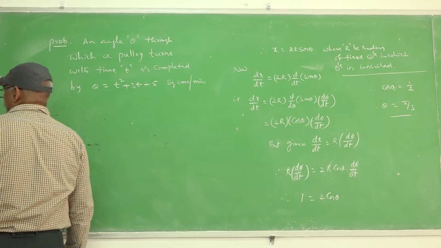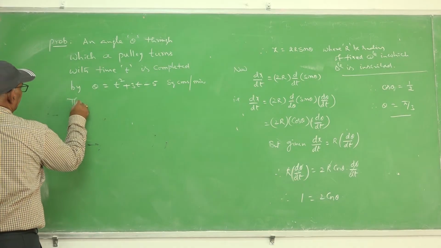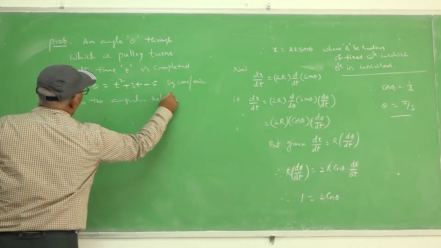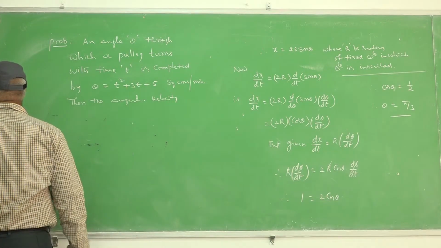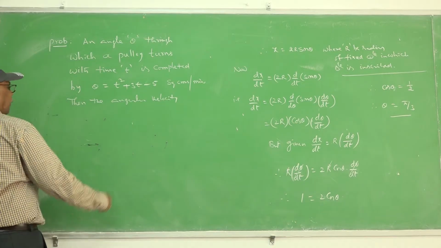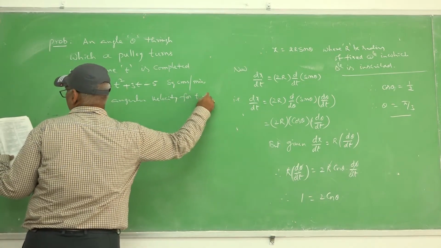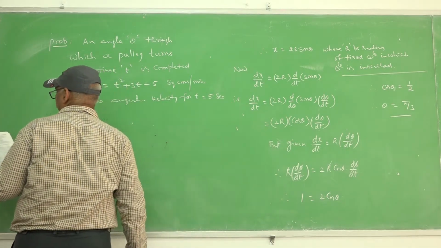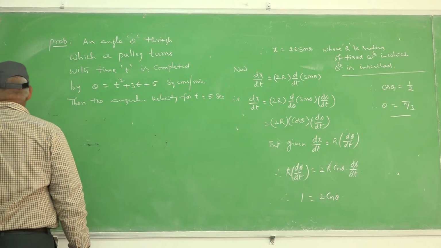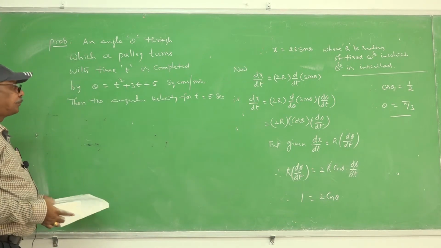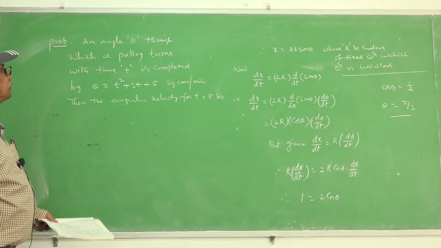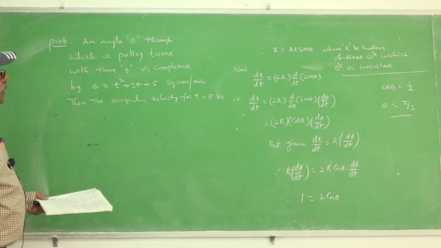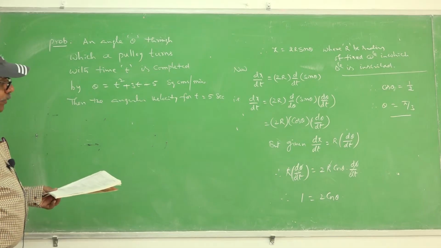Then the angular velocity for t equal to 5 seconds. As theta follows a relation t square plus 3t minus 5 square centimeters per minute, the angular velocity for t equal to 5 seconds.